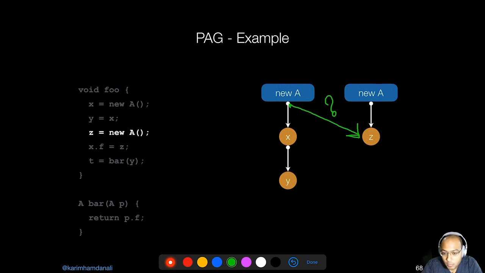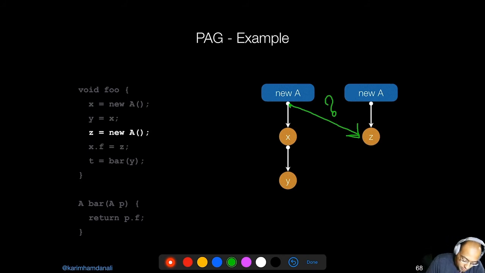Because it is a new memory allocation, sure. They are different instances, sure. These are all plausible answers. But I could have still just connected this new A to z, right? If you look at the nodes, there is nothing differentiating the first new A node and the second new A node. They look exactly the same.